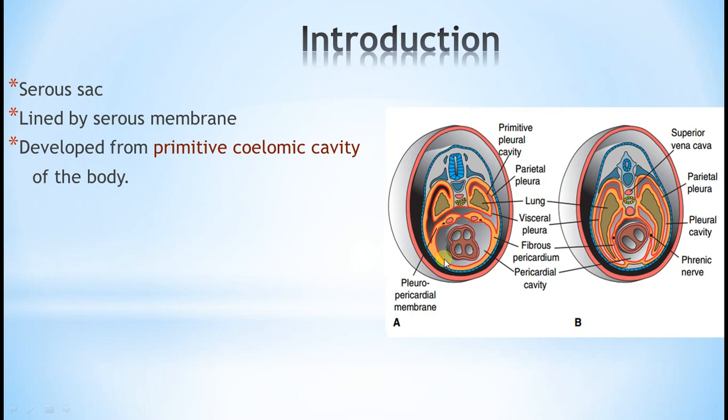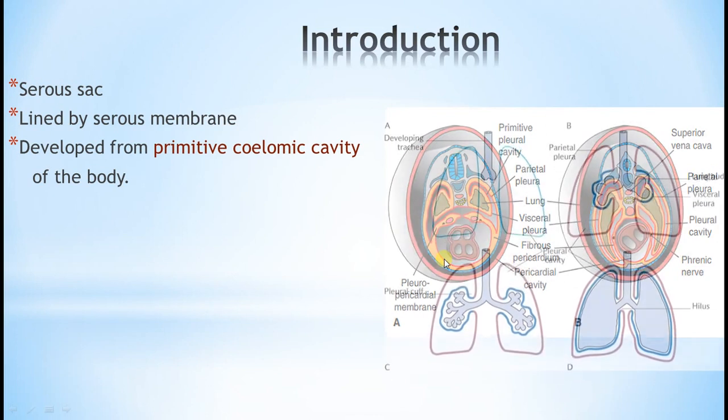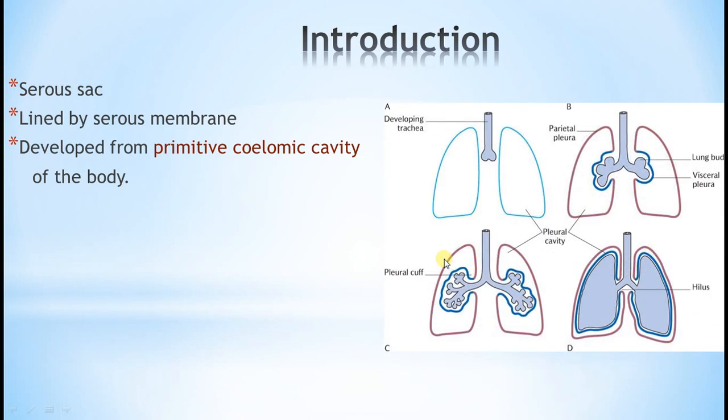So these large spaces are then reduced to a potential thin space because of the invagination of the viscera, and in the case of the pleura, it is the lungs which are invaginating into this. So this diagram, a very simple diagram, you can understand here.